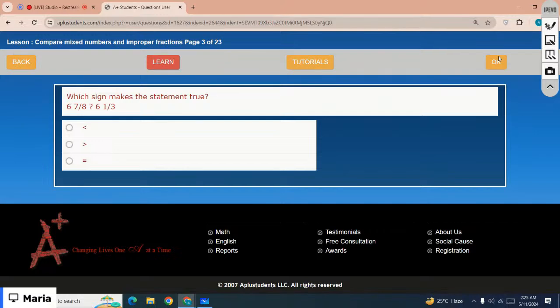Which sign makes the statement true? 6 whole 7 over 8. You have to compare it to 6 whole 1 by 3. So, which is the correct option?